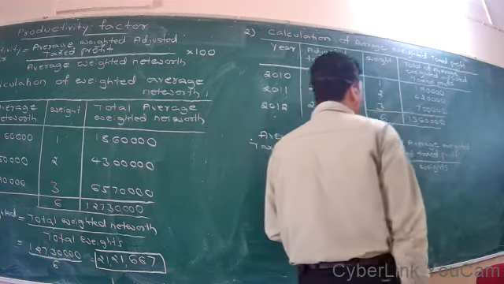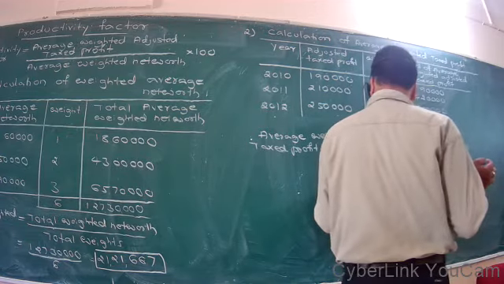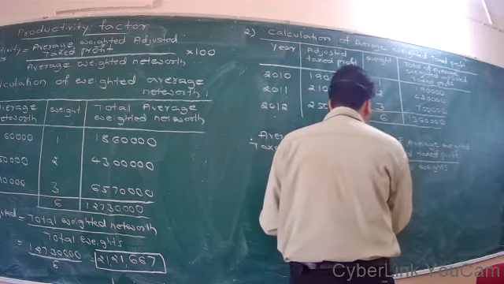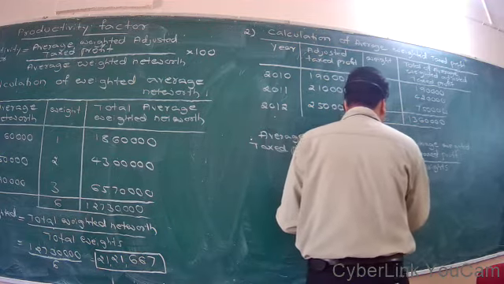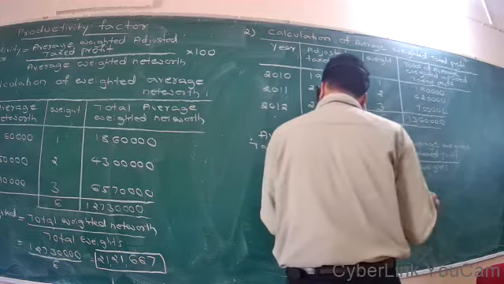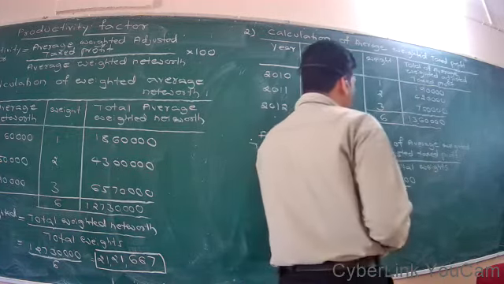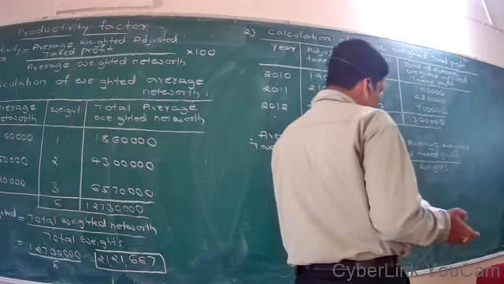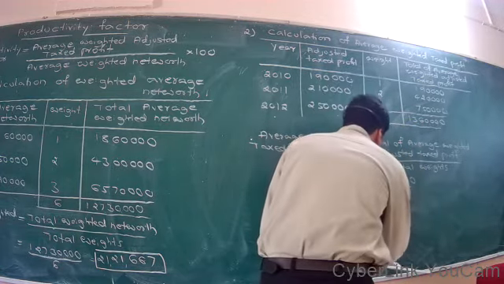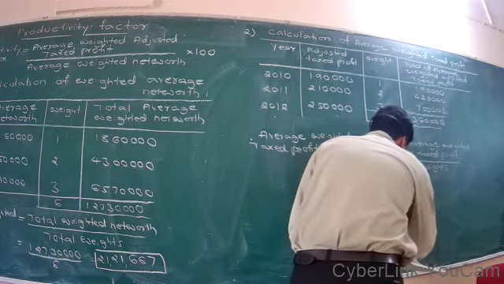So here total of average weighted adjusted tax profit is 13 lakh 60,000. So divided by total number of weights 6. So 13 lakh 60,000 divided by 6, so 2 lakh 26,667.